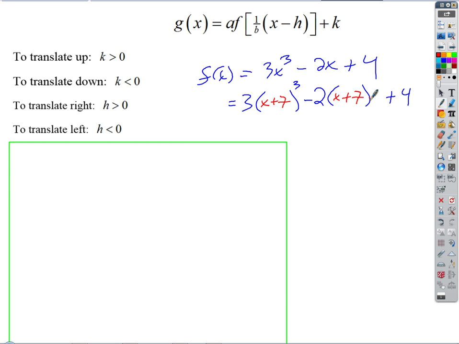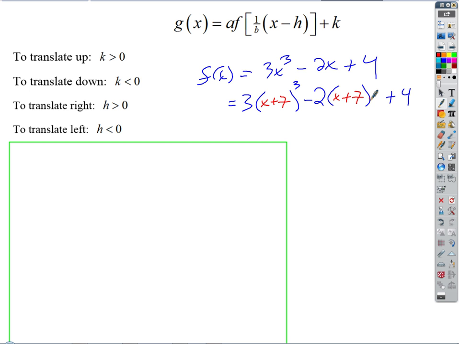Say we started with f of x. We want to go up 7. We're really just substituting y plus 7 for y. Well, what's y? F of x is y, right? So that whole thing right there is y. So all we're doing is trading this thing for this thing plus 7, because this thing represents y. Does that make sense?